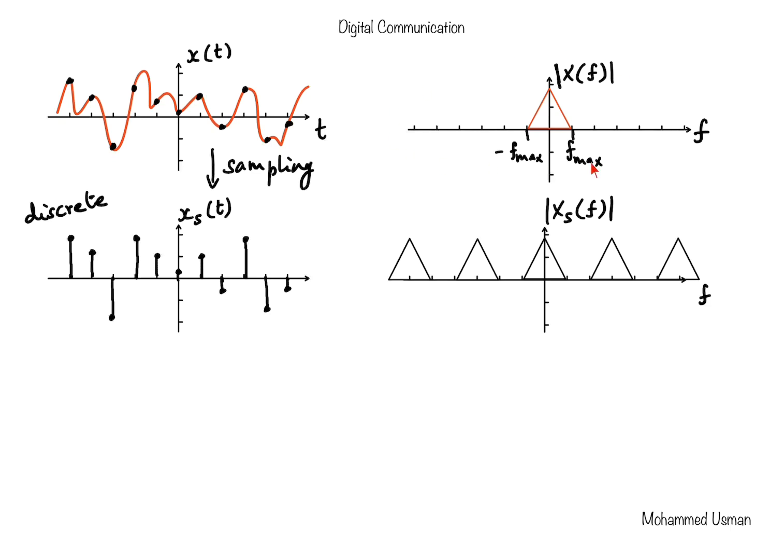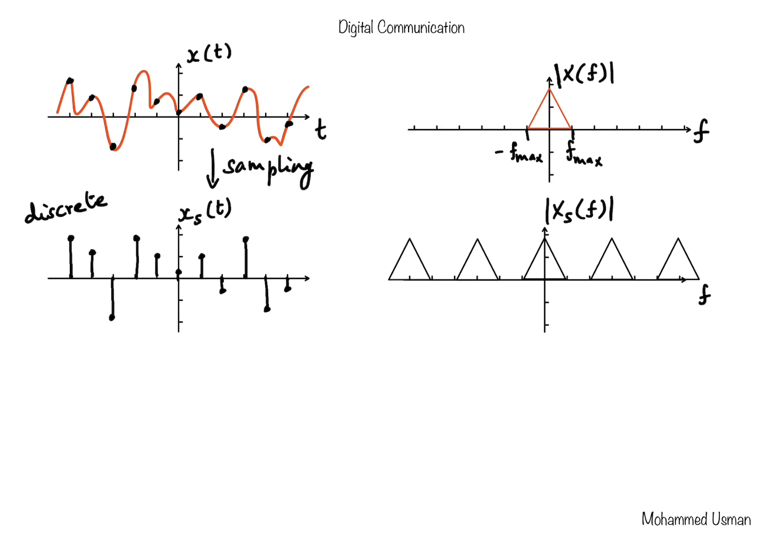On top we have the spectrum of the original continuous signal shown in red, and at the bottom we have the spectrum of the sampled, or discrete, signal. As mentioned earlier, discrete in the time domain corresponds to periodic in the frequency domain, where the spectrum has replicas at integer multiples of the sampling frequency fs.